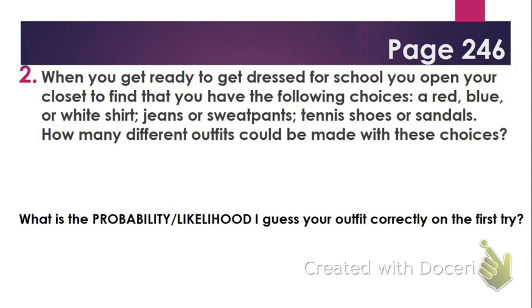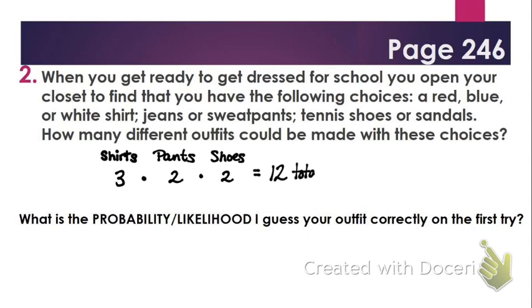So I multiplied the red, blue, and white, which was 3, times the jeans and sweatpants, which was 2, and tennis shoes and sandals, which was 2. Yes. We're looking at how many choices we have available to us at each stop. You have 3 options for your shirt, 2 options for your pants, 2 options for your shoes. When you multiply all those together, you get 12 total outfits.